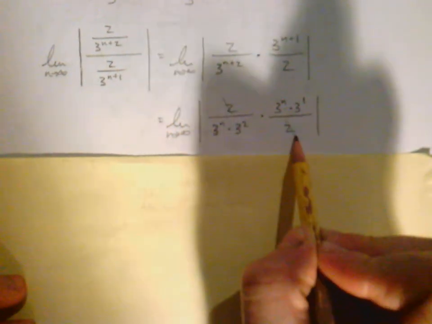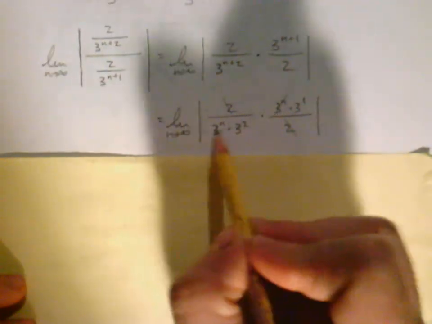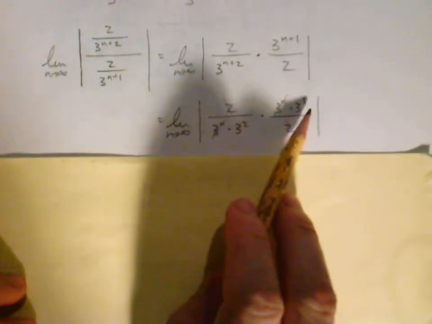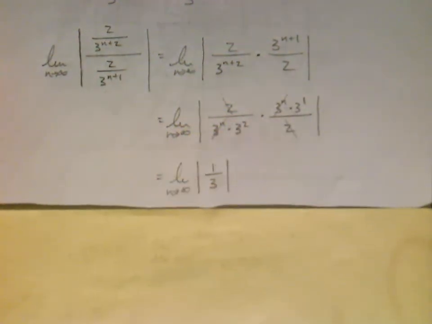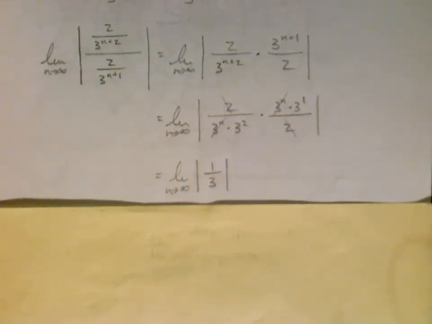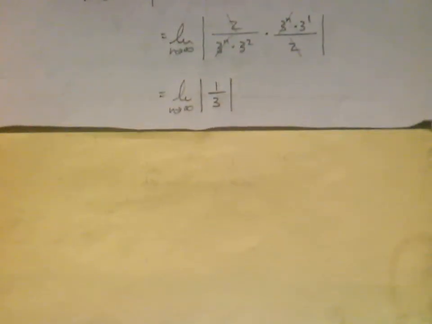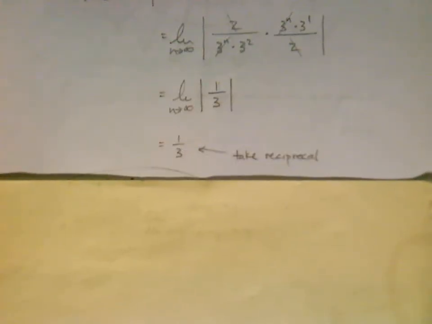And hey, doing it like that, we really get some good cancellation, right? Obviously the 2's cancel, but then 3 to the n cancels. And then we've got 3 over 3 squared. It's just going to give us the limit as n approaches infinity of 1/3. And of course, the answer to that is simply 1/3.